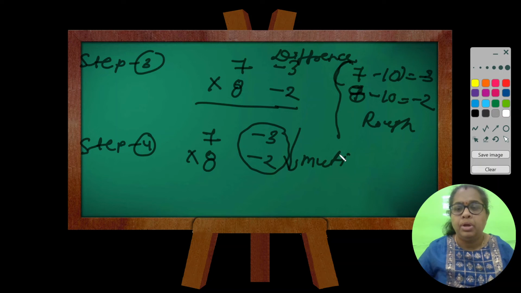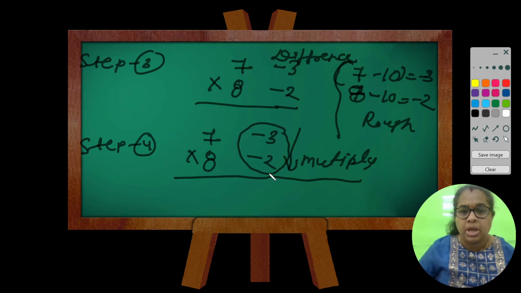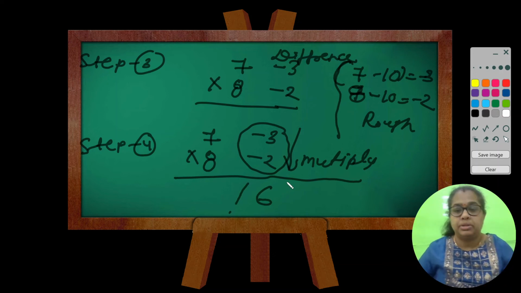These numbers we have to multiply here. You know 3 into 2 is 6, which you can do in normal 3 tables. So we got 6 after multiplying these two numbers.